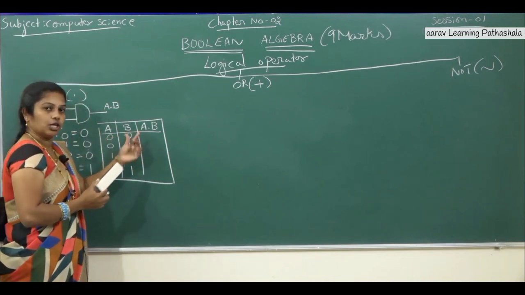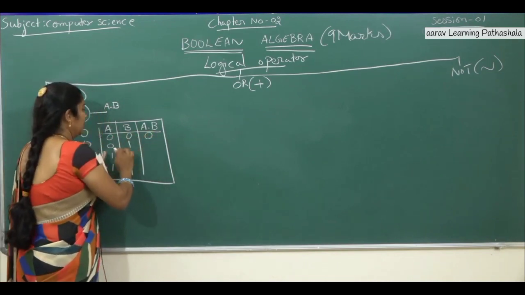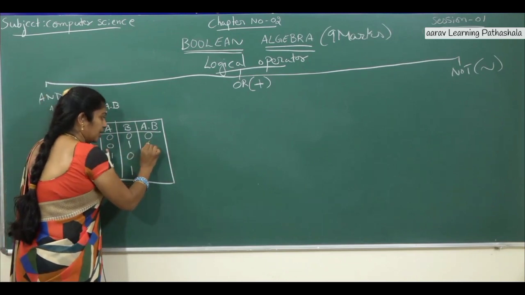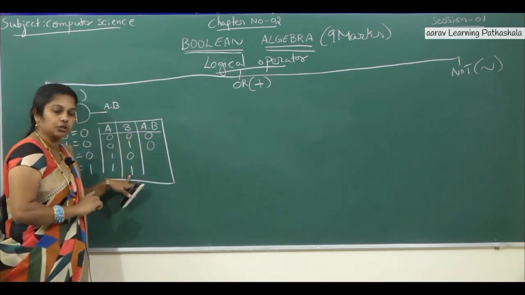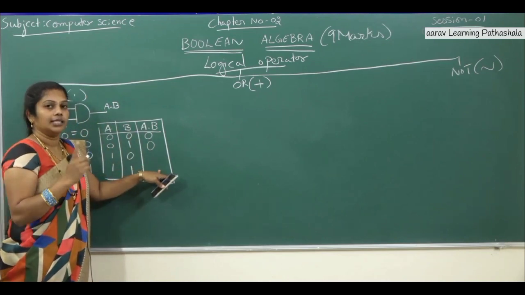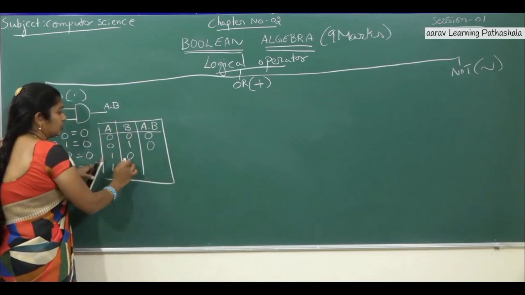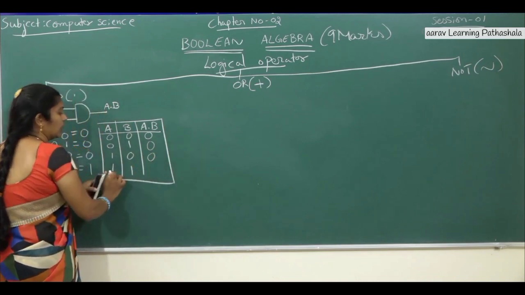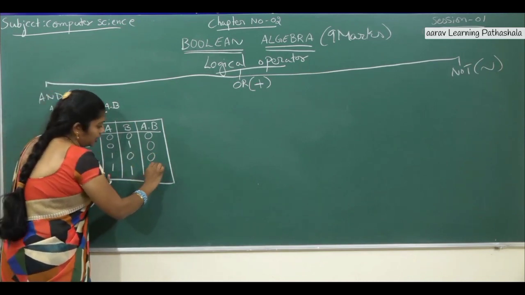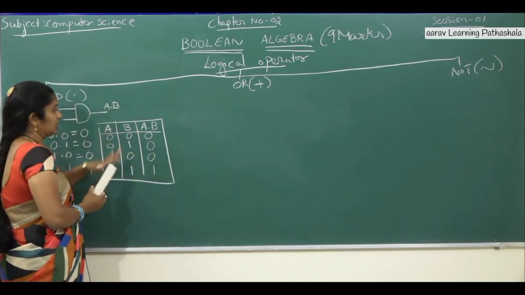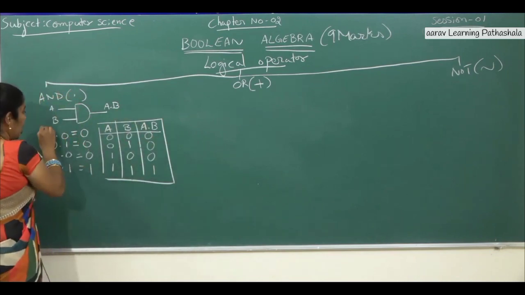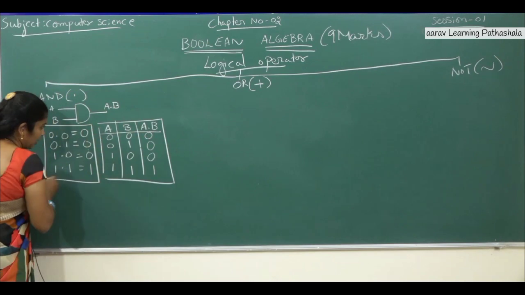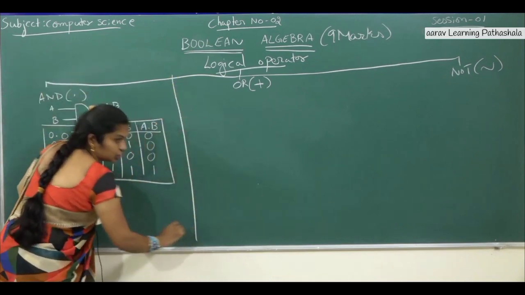Now 0 into 0, the output becomes 0. 0 into 1, the output becomes 0, because in an AND operation, only if all the inputs are true does the output become true. Otherwise it is false. 1 into 0, the output becomes 0. 1 into 1, all the inputs are true, so the output becomes true. This is the truth table, this is the symbol, these are the values we get. This is regarding the AND operation.